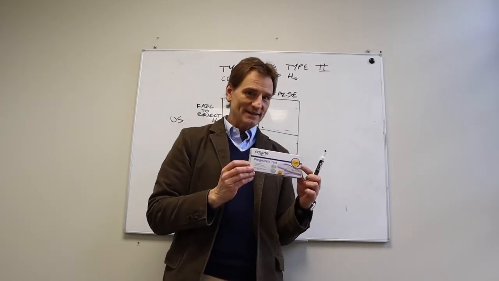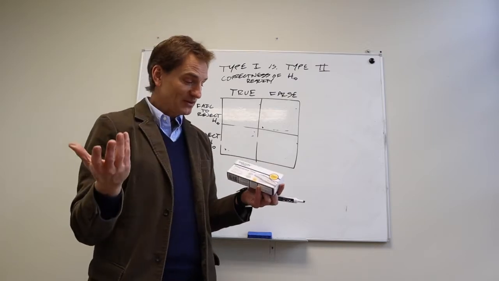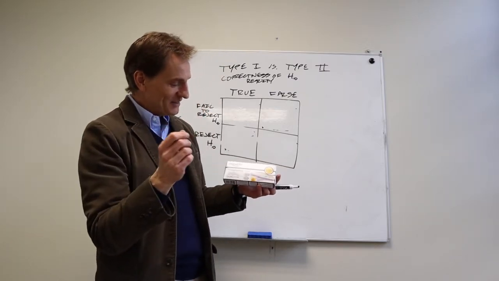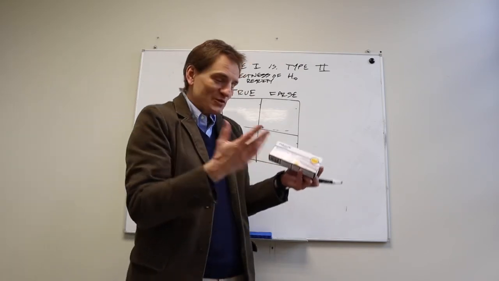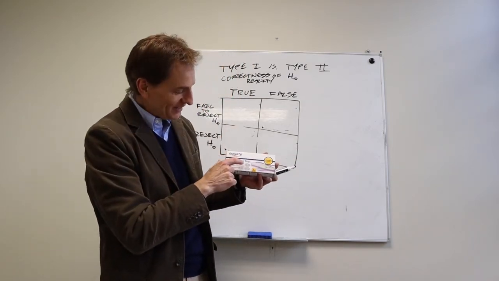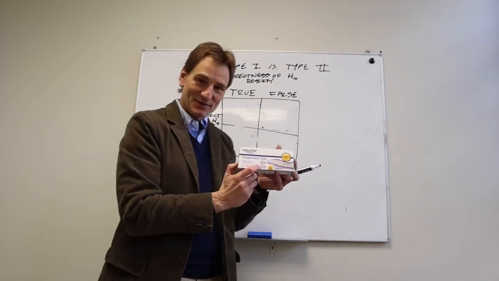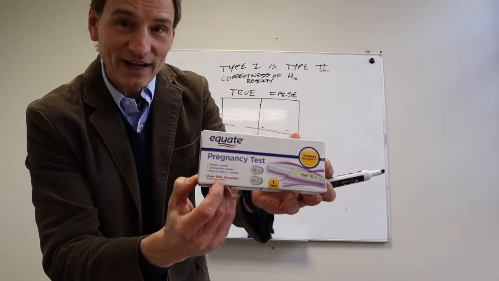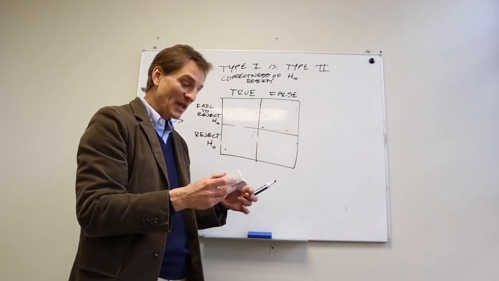Let's talk about pregnancy tests, because I hand this around in class when everyone's present, but I got this from Walmart. It's an Equate brand, because why spend more on a pregnancy test, you know? And it either gives you a plus, which means that you are pregnant, or a minus, which means that you're not pregnant. And it says it's over 99% accurate, which seems pretty accurate to me.